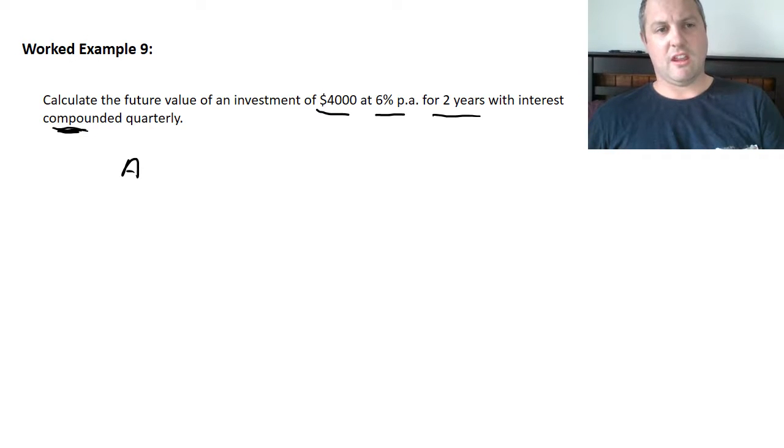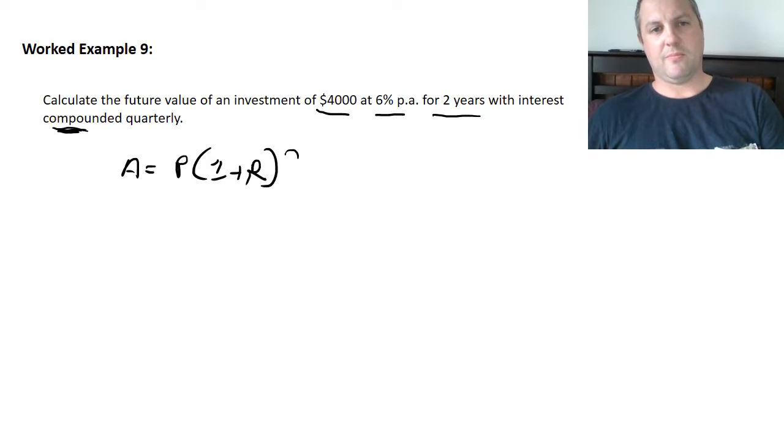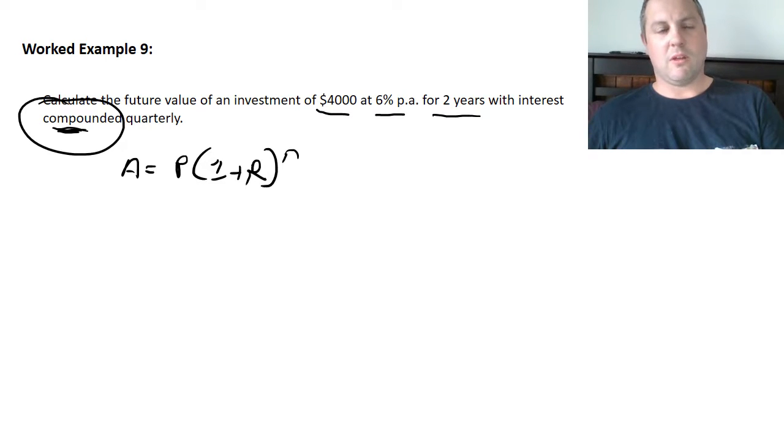We're going to have A equals P times 1 plus your rate to the power of N. Now the difference on this one, we need to use this word quarterly. What that means is we're going to divide our rate by 4, and we're going to times our N by 4.